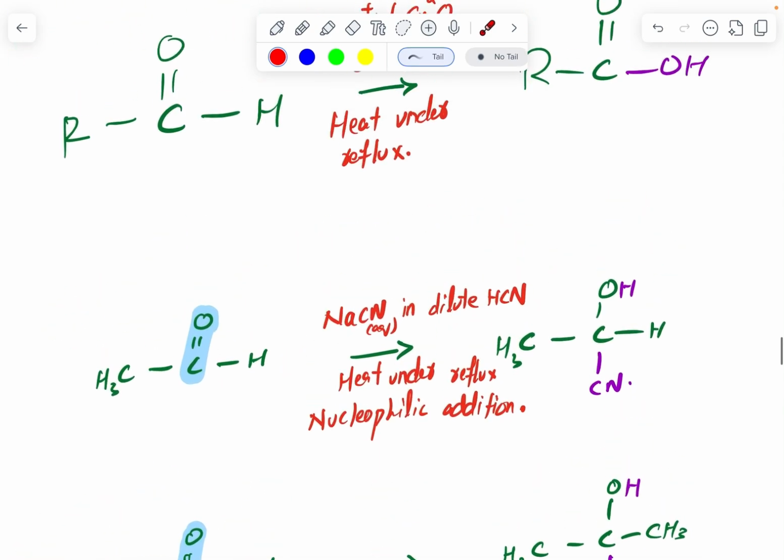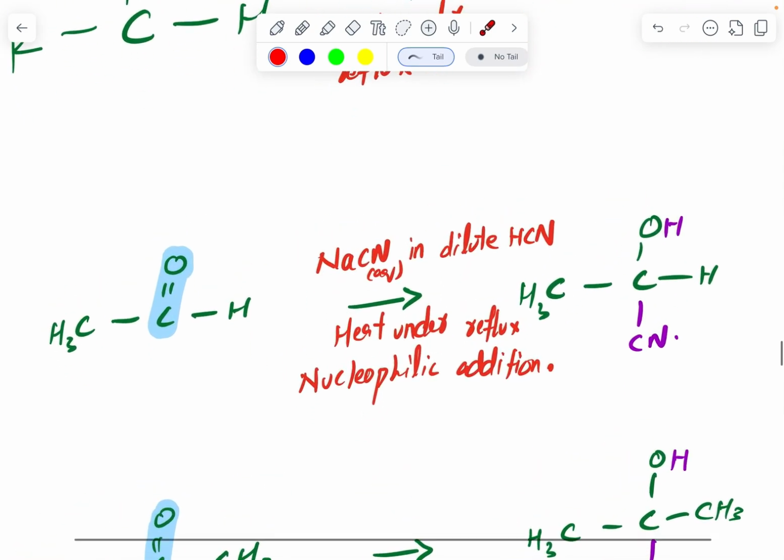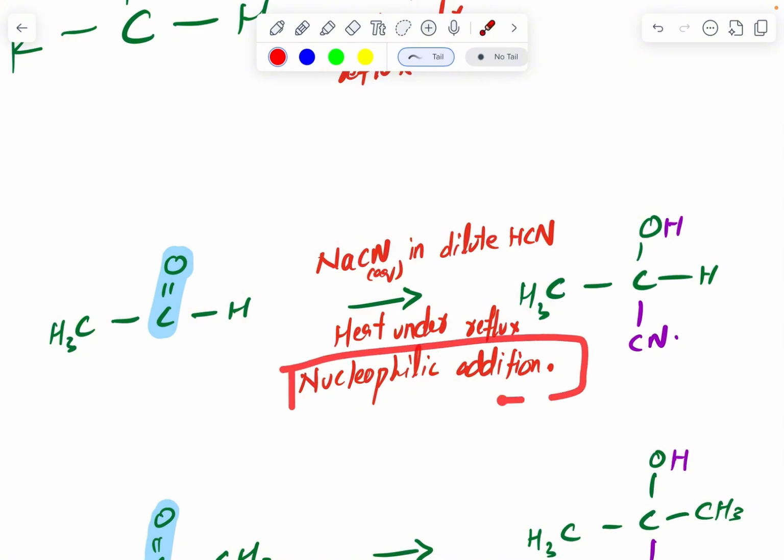The next reaction is how can we convert aldehydes and ketones into hydroxynitriles? It is the most important reaction. You can see that this is the C double bond O functional group. By using the nucleophilic addition mechanism, you will end up with the hydrogen over here and CN over here.